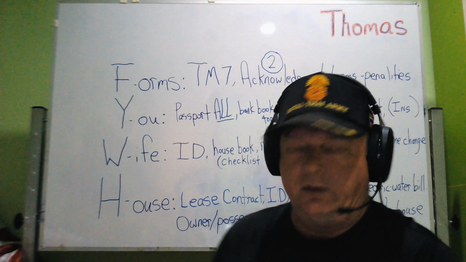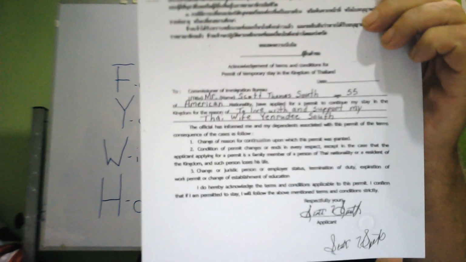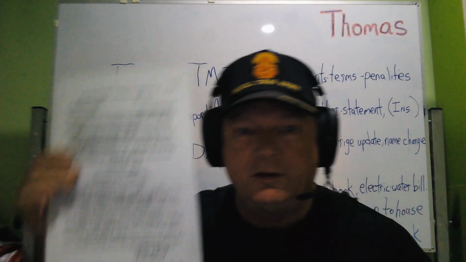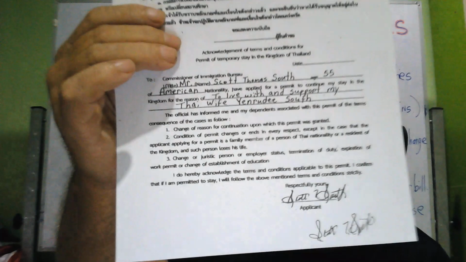The terms and conditions. All this does is state again what is the reason you want to extend your visa, okay? I say to live with and support my Thai wife, right? So you state that on your TM7. What reason are you looking to extend your visa, right? So it's just like a duplicate, but all you're acknowledging is the reason you wish to stay, okay?